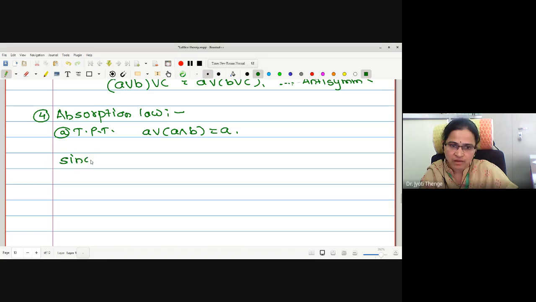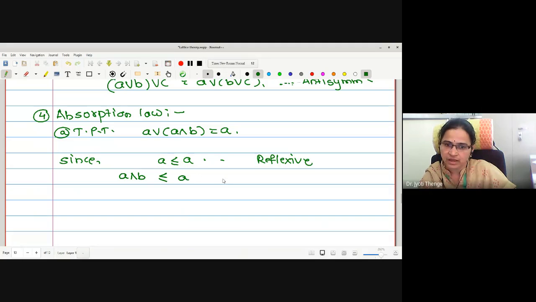First I will write A precedes A, reflexive. Next I can write A meet B also precedes A. Reason: A meet B is the GLB of A and B.